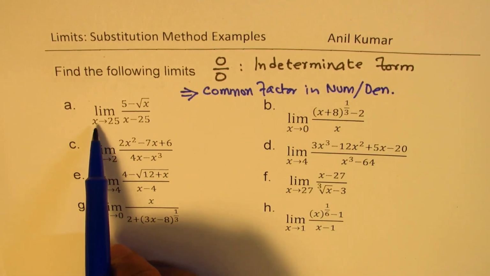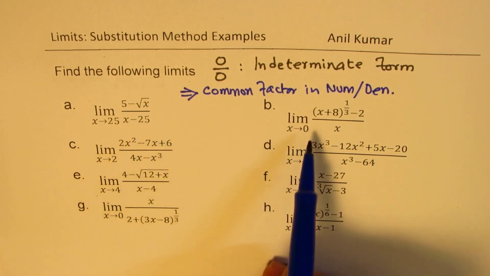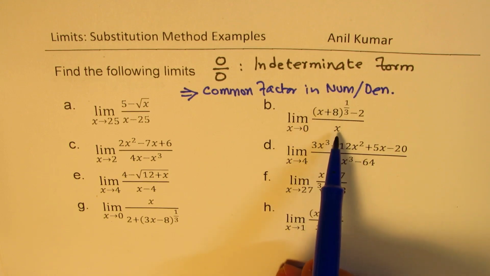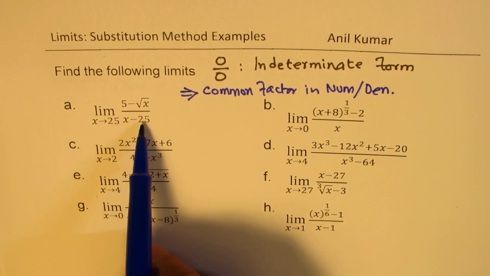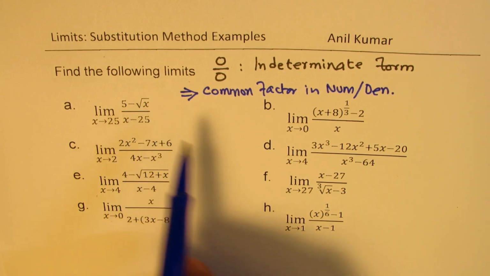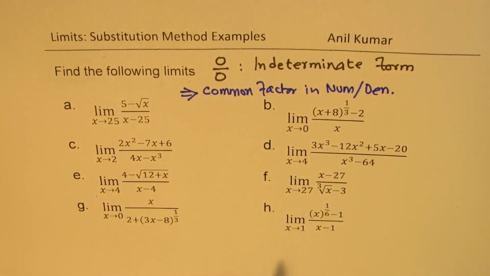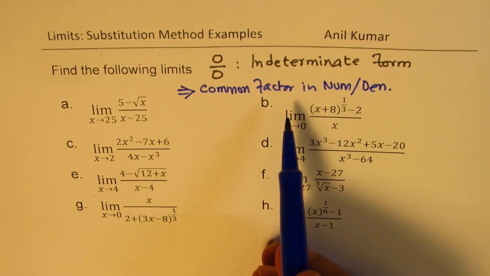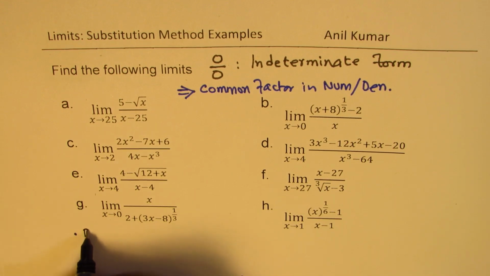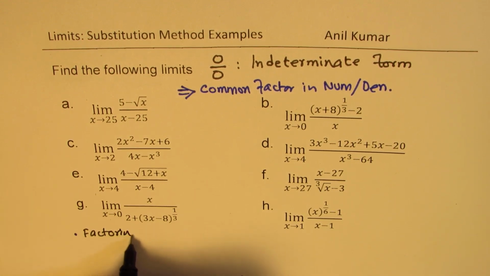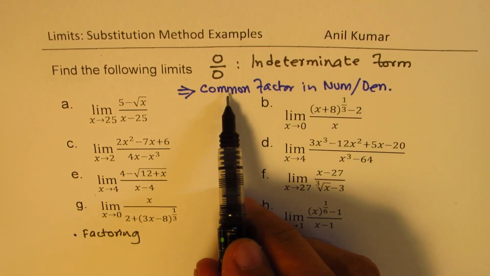For example, in the first case, if I substitute 25 for x, we get 0 over 0. In the second case, if I substitute 0, we again get 0 over 0. That clearly indicates that x minus 25 is a common factor in the first case, and x is a common factor in the second case. If that is known, then there are a lot of techniques which could be used. One of those techniques is factoring. Factoring can be used wherever we have a common factor.